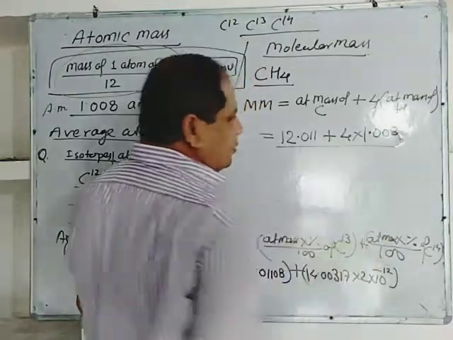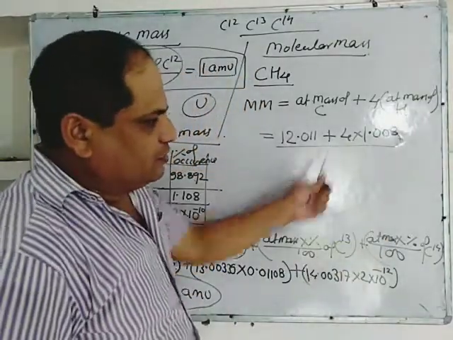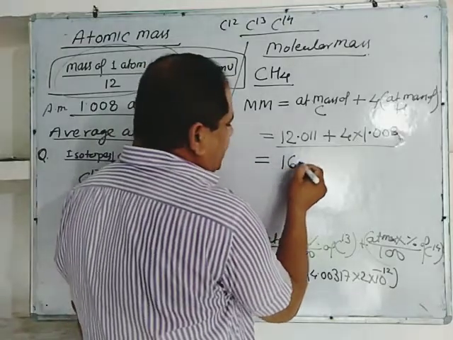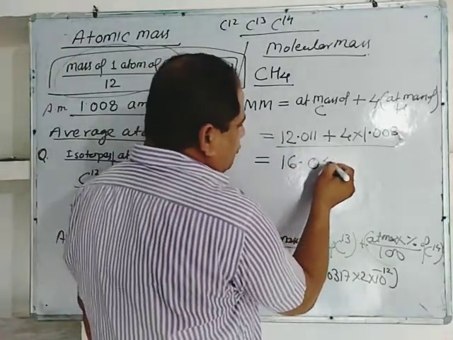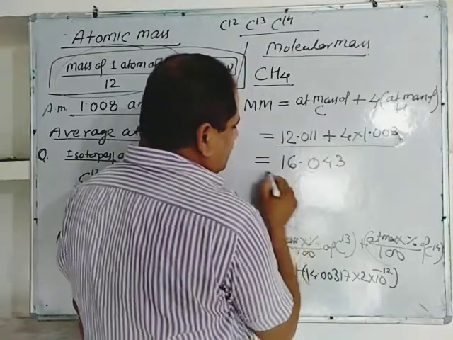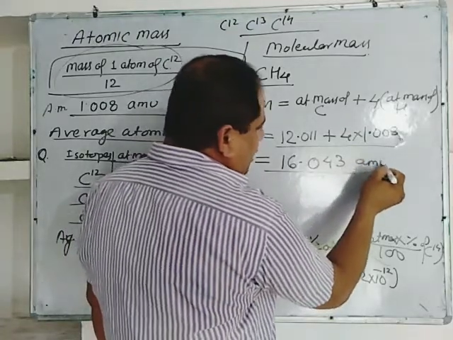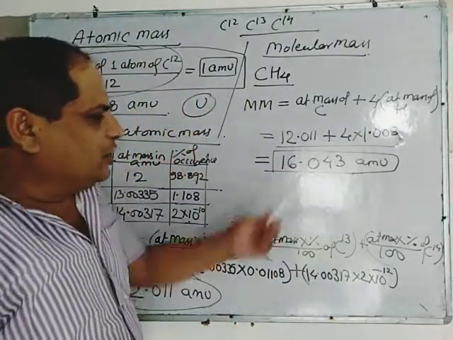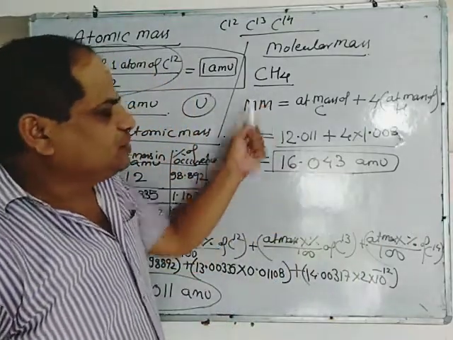When you solve this, you will get 16.043 AMU or U. So this is the molecular mass of methane.